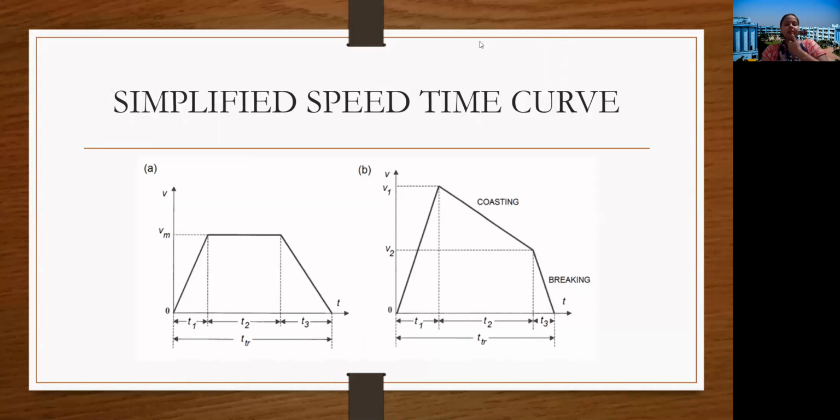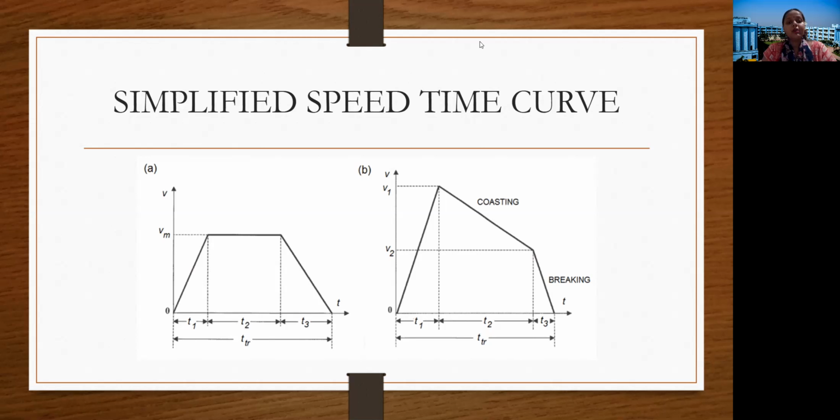Suppose, as I've already told you, a train is starting from Howrah and traveling to Delhi, whereas another train is starting from Howrah and traveling to Bandel or Burdwan. These two journeys will be different, and according to the simplified speed time curve we can calculate their different accelerations and different quantities related to this curve.